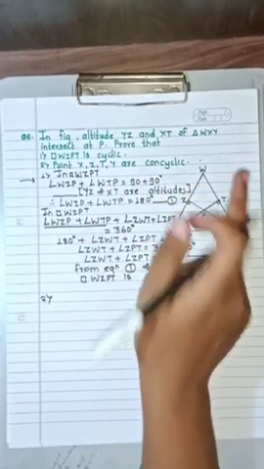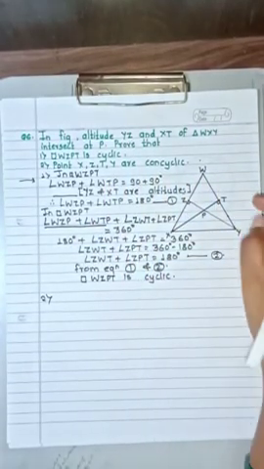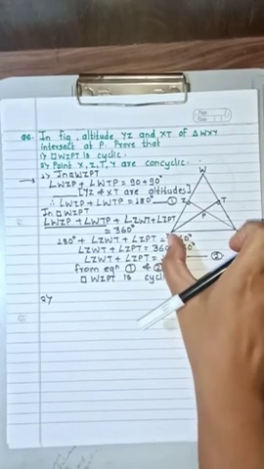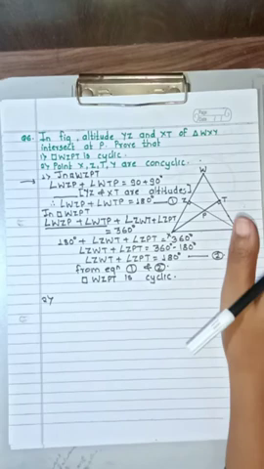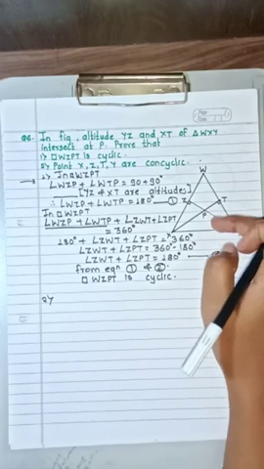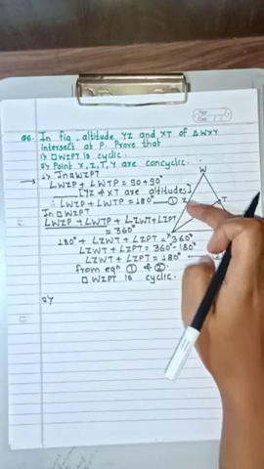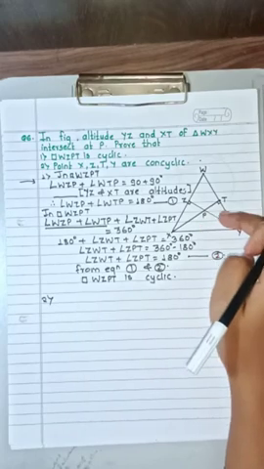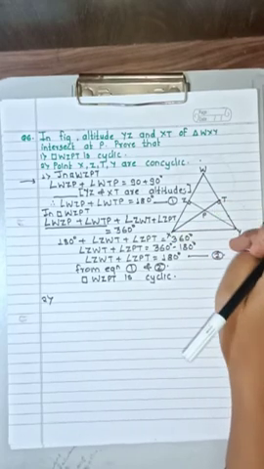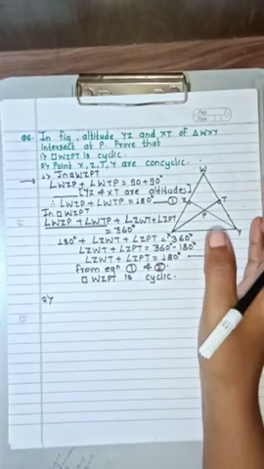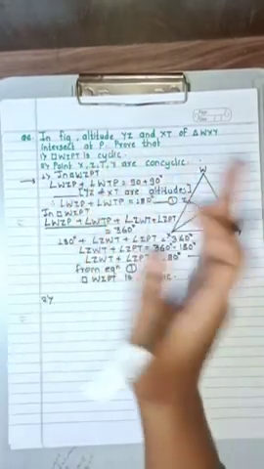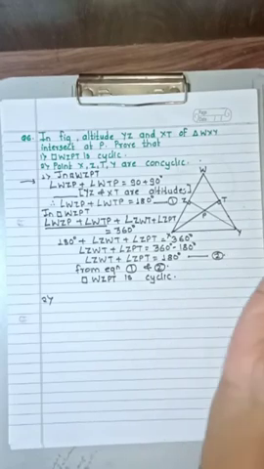Okay. Now let us move on towards the second one, that is points X, Z, T, Y are concyclic. Now you very well know that X and Y, these two points, are subtending two equal angles. Therefore, you can say that angle XZP is equal to angle XTY. If two points subtend equal angles at two distinct points which lie on one side of the line, then the four points are concyclic.